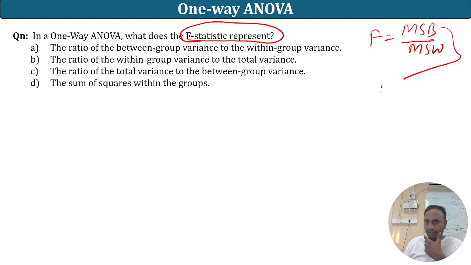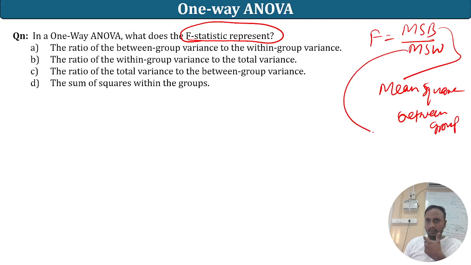MSB stands for mean square between the groups, and MSW is the mean square within the groups. The ratio of the between-group variance to the within-group variance.